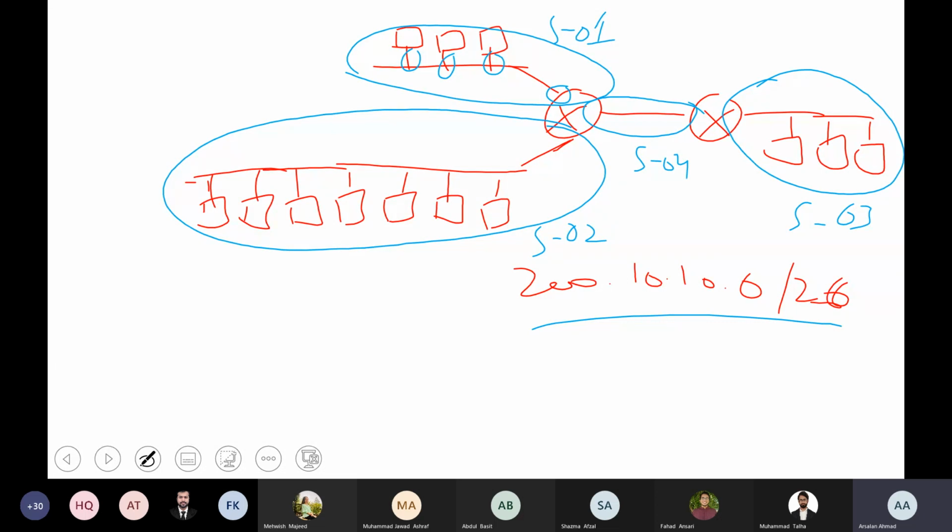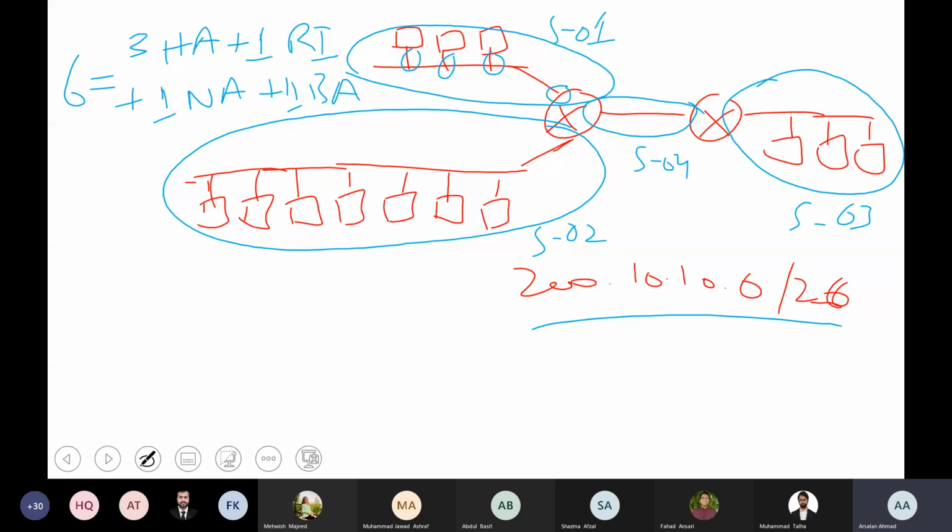So the total requirement will be 4 plus 2. Let me write just one time, after that I will just write numbers. So 3 host addresses plus 1 router interface address plus 1 network address plus 1 broadcast address. Okay, that's the total requirement, which is 6, right?